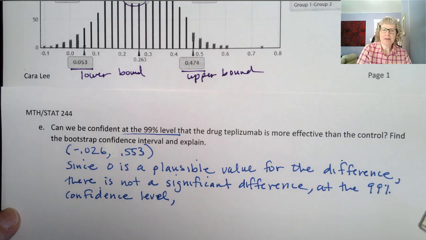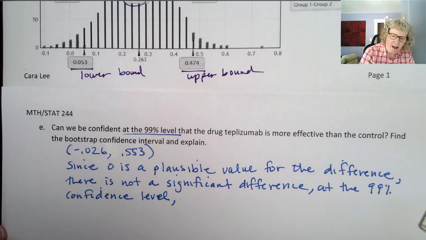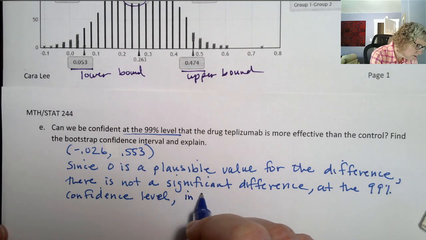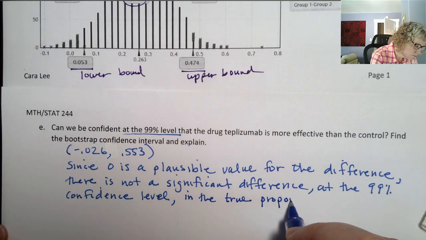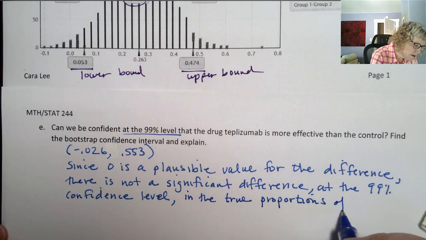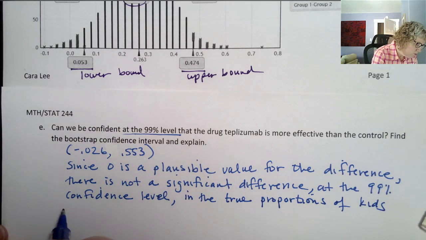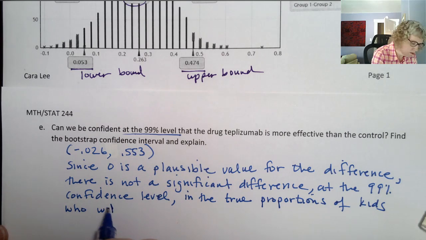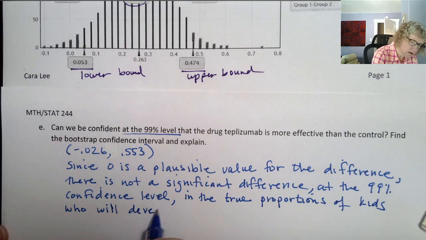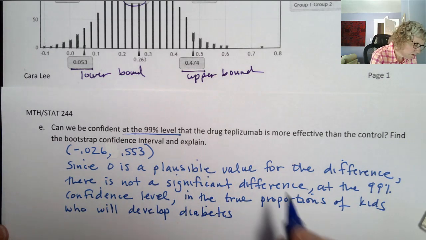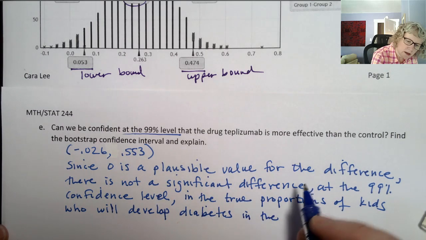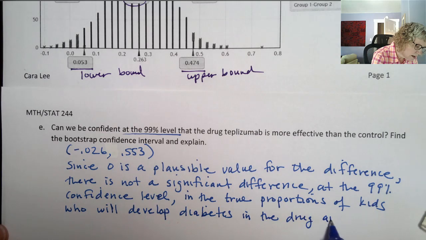Then I've got to put my context in there, right? There is not a significant difference in the true proportions of kids who will develop diabetes in the drug and control groups.